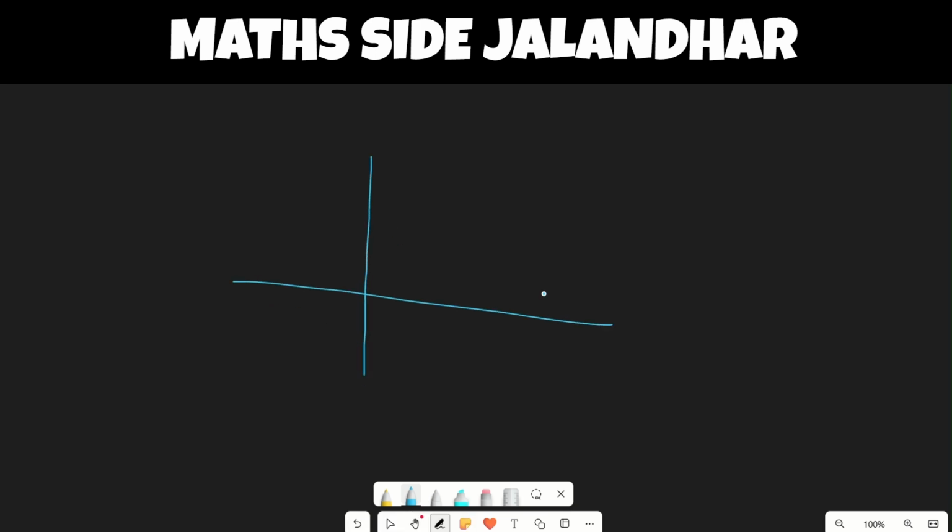Suppose this is the x-axis and this is the y-axis, and the graph looks like that. This one, and here is, suppose, 7, this one is 0, and this one is 2, and they are continuous.